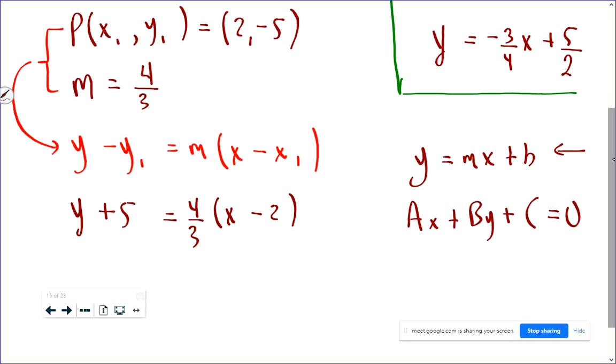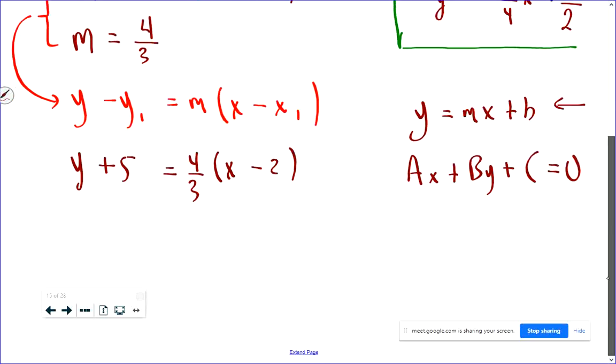What I'm about to show you is not what we would do here, so there's no need to write down this next little bit of business. If you multiply this through, like we did in the first example, you're going to have y plus 5 equals 4/3 x.